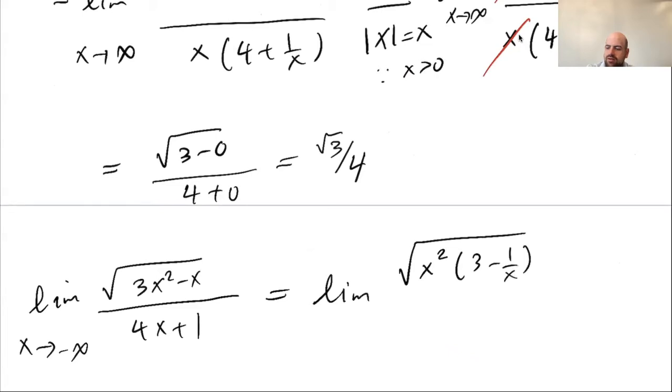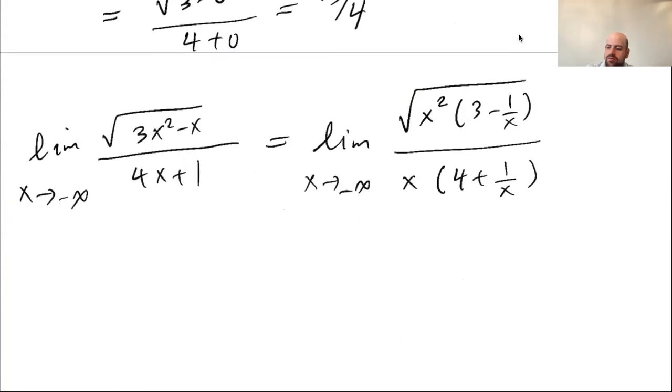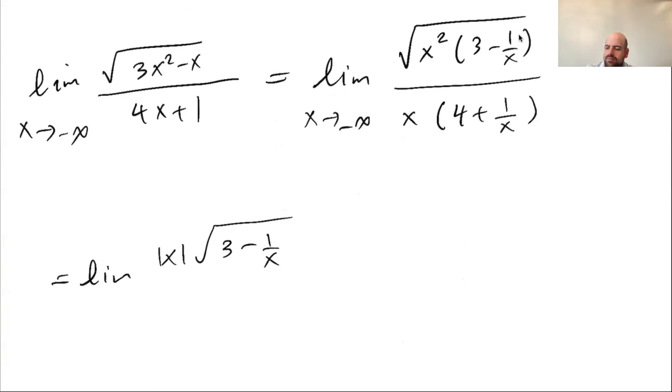It's very similar, only one step will be different. x goes to minus infinity. And then this will be the limit of, again, absolute value x times square root of 3 minus 1 over x times 4 plus 1 over x, so it's still similar to before.